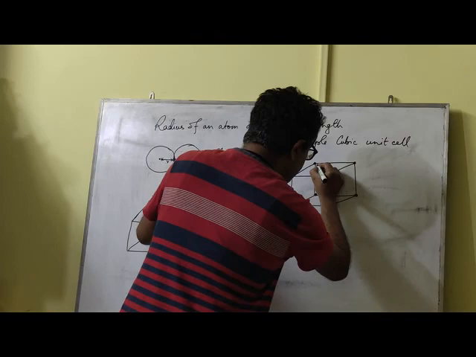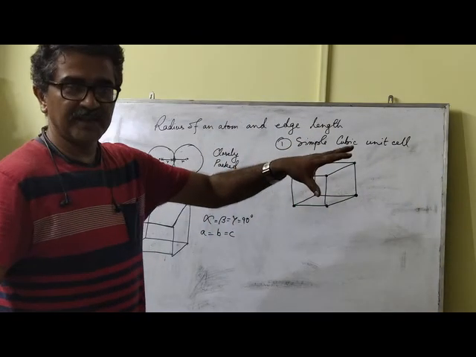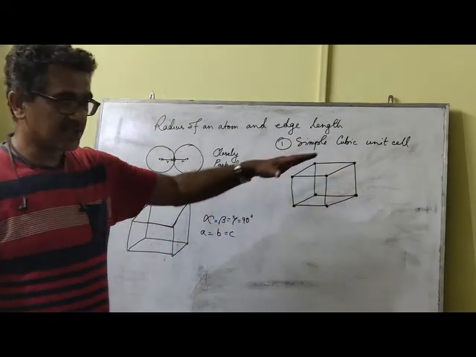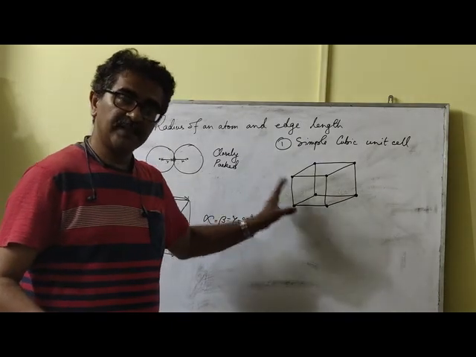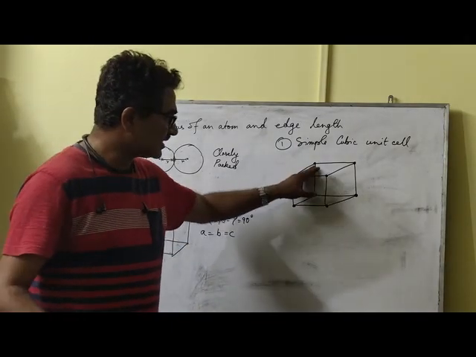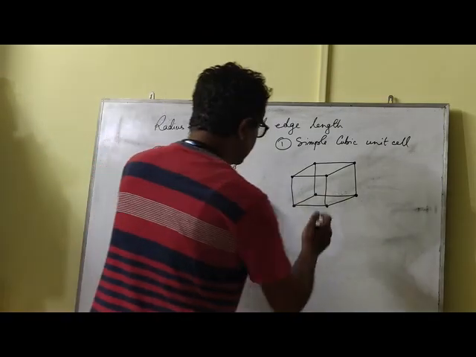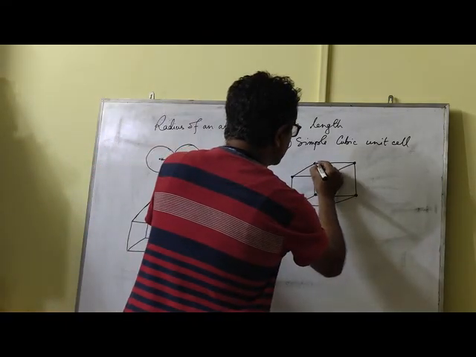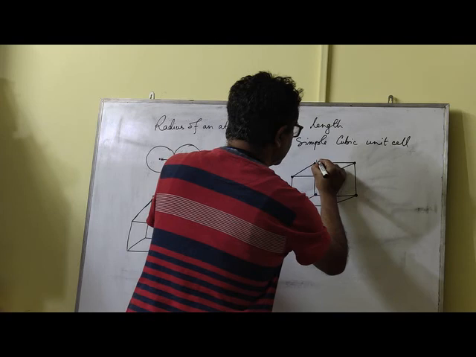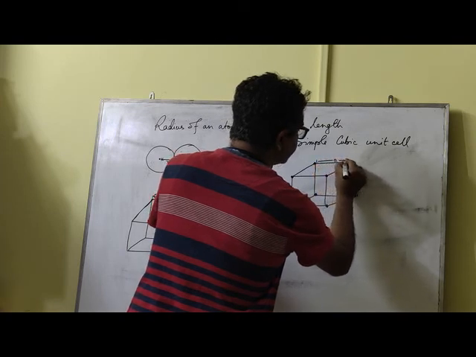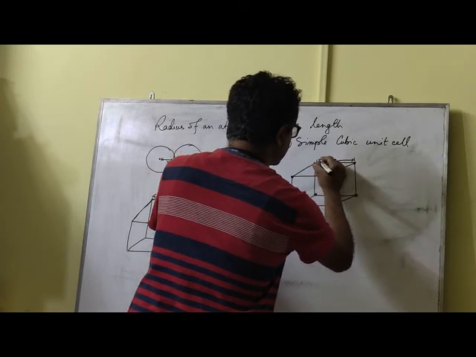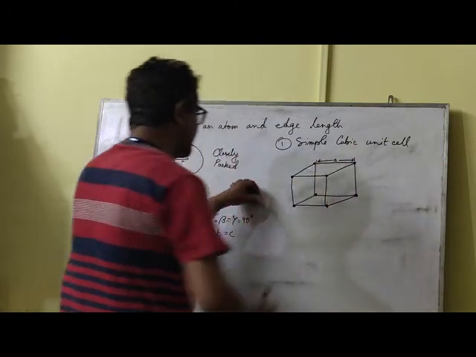We are going to take this particular edge, and since this is a cubic unit cell, we know that the edge length is always the same. So if this is a, this is a, this is a, each of these edge lengths is a because it's a cubic unit cell. So here I have taken the length of the edge as a.